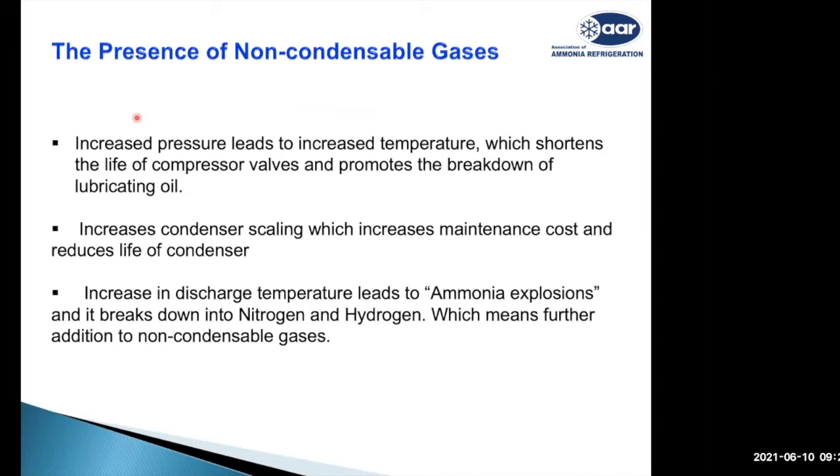Due to the higher pressure comes an increase in temperature, which also leads to breakages of component walls or the wall reeds, and the possibility of breakdown of lubricating oil increases. Once the lubricating oil used in the refrigeration system breaks down, it gets converted into different components, and these components become non-condensables in the refrigeration plant.